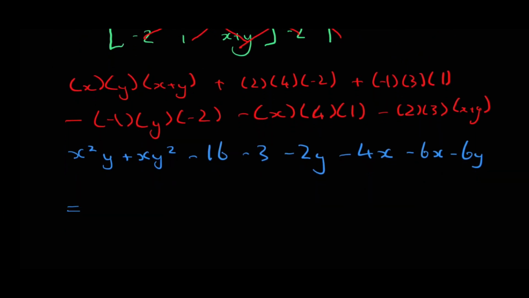And then that just equals x squared y plus xy squared minus 10x minus 8y minus 19. So that's how you find the determinant of 2 by 2 and 3 by 3 matrices. Thanks for watching.